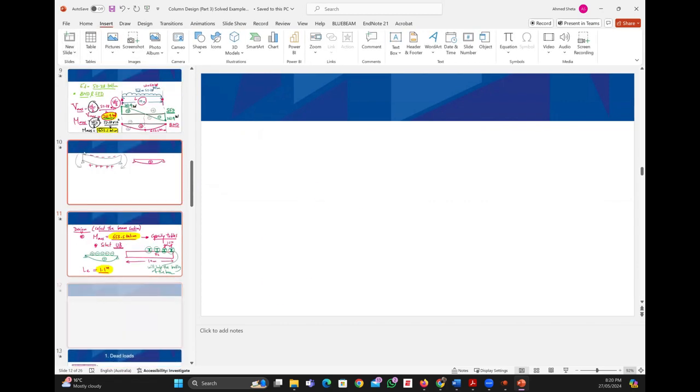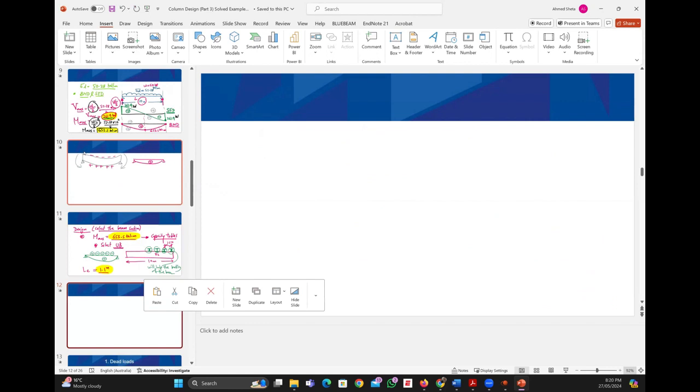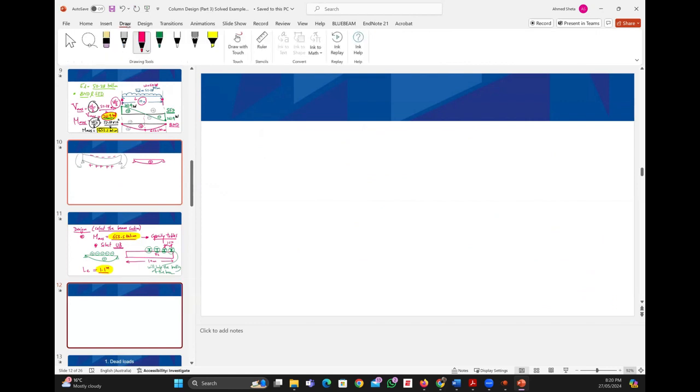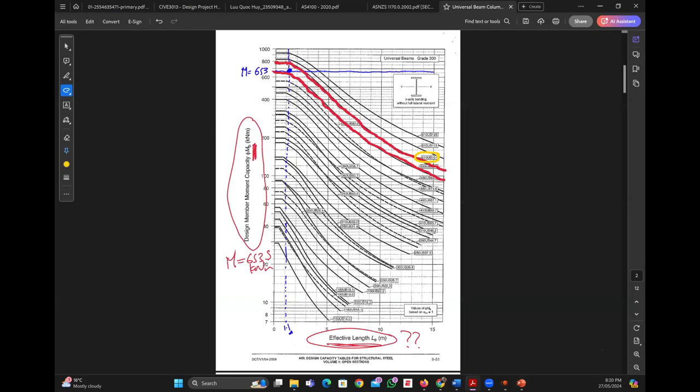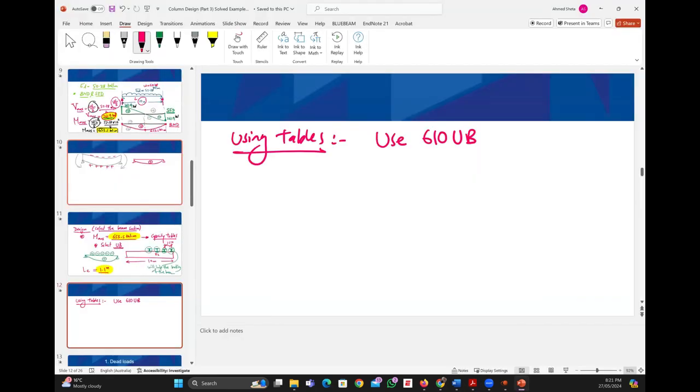Good, thanks. Okay, so using the tables, we use 610 UB. And you need to show a screenshot of this in the calculation as well. So this is 610 UB 101, our cross section.